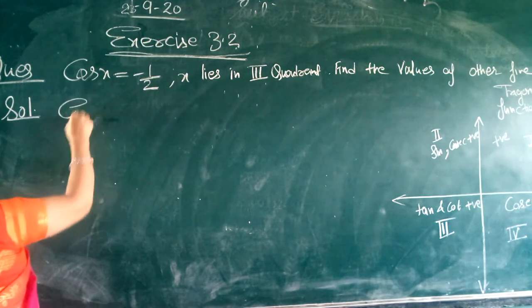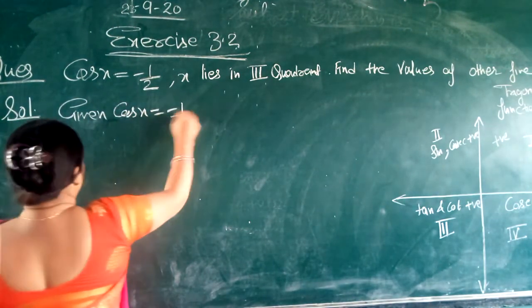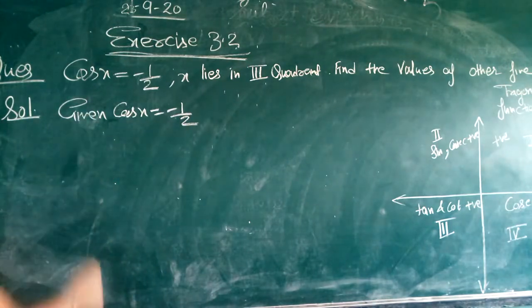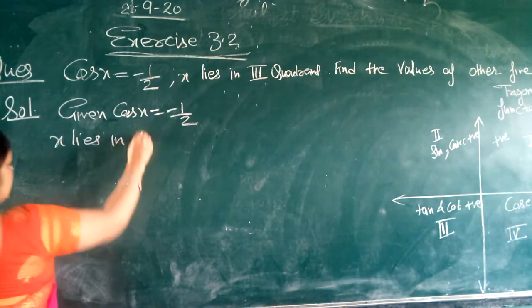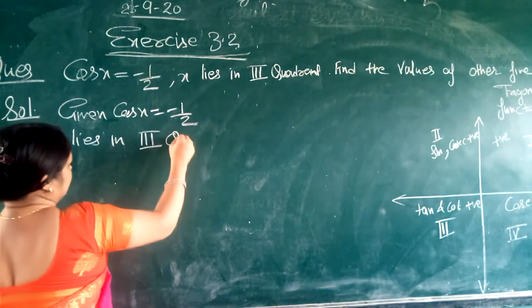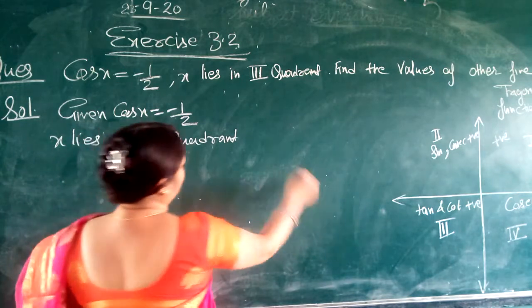Given cos x is equal to minus half and it is given that x lies in the third quadrant. Therefore, you can see the third quadrant.